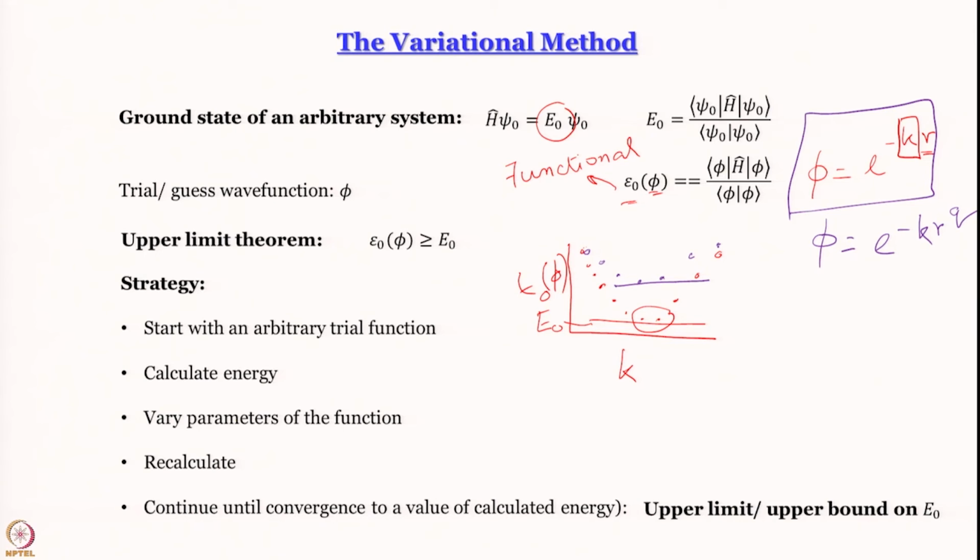Let us say change it to 2 and now I get things that go down further, then I am going in the right direction. But suppose by changing to 2 it went up, that means I am going in the wrong direction with q. So, what you do is you play around with q and get the best possible curve for k, to see for which value of q you get the lowest value.